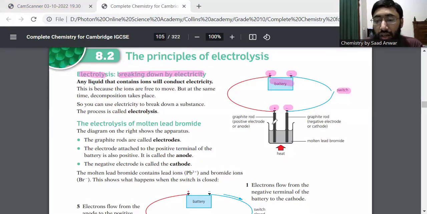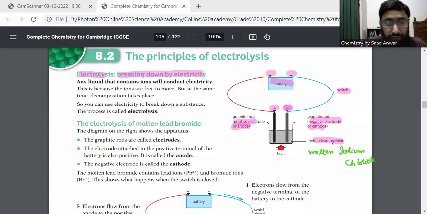These electrodes are graphite rods, made of graphite material. The positive electrode we call the anode, and the negative electrode we call the cathode, and this is molten lead bromide. Previously in my example, I chose molten sodium chloride.